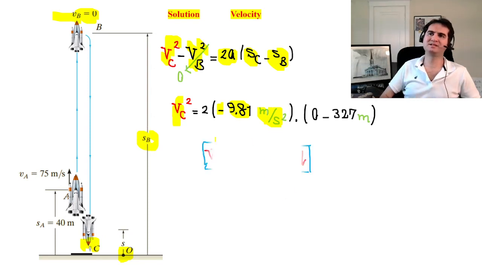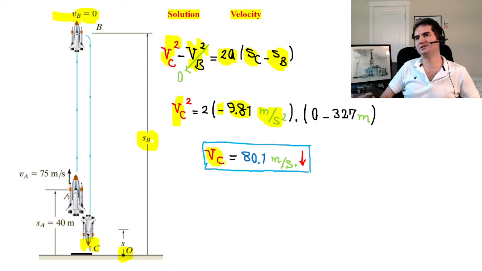If you do the math, it gives you a velocity at C of 80.1 meters per second, and that's downward.